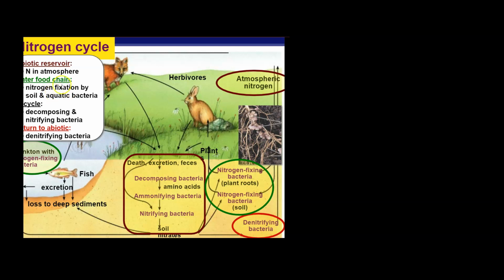The biotic one is, again, living organisms. It actually cycles back to the abiotic atmosphere through the action of different bacteria. We call them denitrifying bacteria. We also have decomposing and nitrifying bacteria.